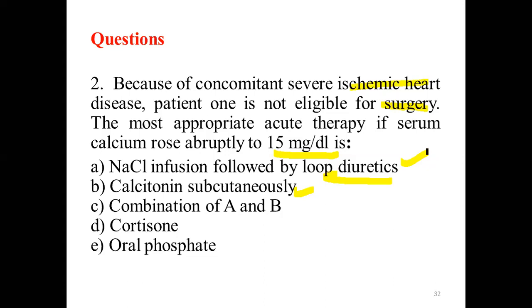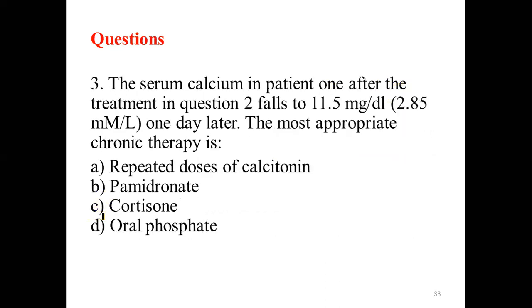If a patient has an acute condition, you give calciuric therapy, that is normal saline with loop diuretics, plus calcitonin. This is the most commonly used acute treatment when a patient has a severe form of hypercalcemia. So both approaches can be used in the management of this condition.